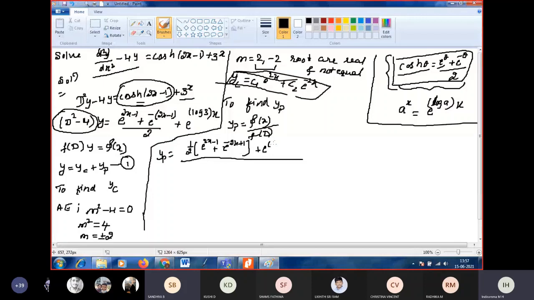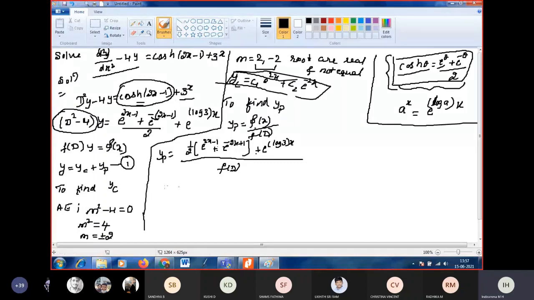Is it right what I have written? I kept 1 by 2 outside. So 1 by 2 into e power 2x minus 1, plus I multiplied by the minus sign, e power minus 2x plus 1, plus e power log 3 into x.